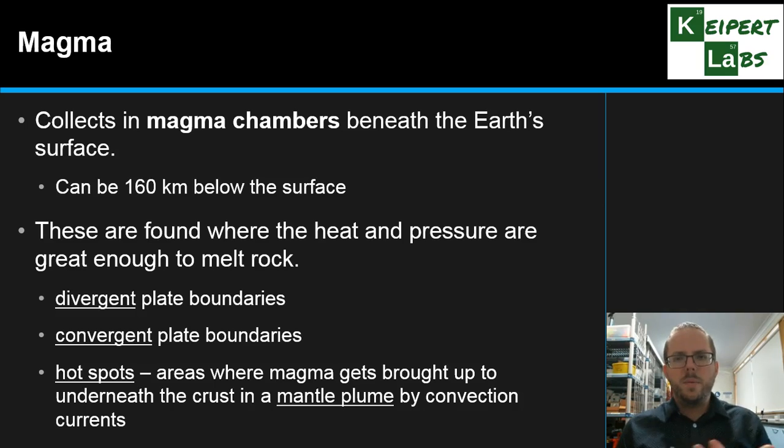Like we've seen in terms of how Hawaii is formed, where magma gets brought up underneath the crust, even in the middle of a plate, and the pressure of it causes an intense amount of heat and pressure underneath the crust, and then we get some melted rock that forms there. For example, Hawaii is right in the middle of a tectonic plate, but because of a mantle plume, one of these plumes that's underneath it, that's how the volcano is formed there.